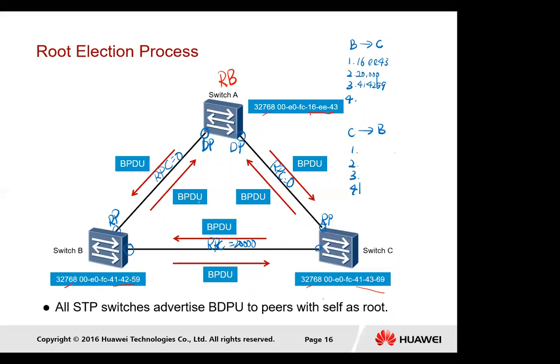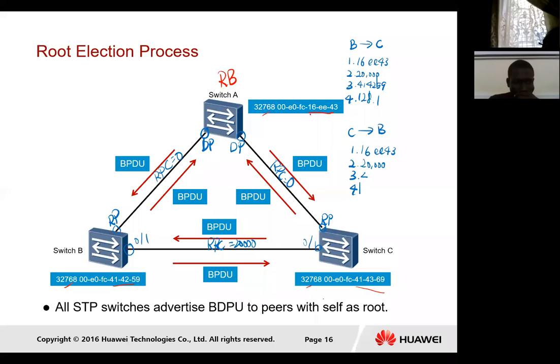And the port, let me give it a port. Port 01, both are the same, port 01. Okay, 128.1. For C to B, C will tell B 16EE43, 20,000, 41 43 69, 128.1.